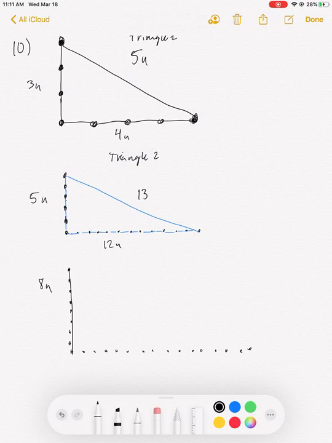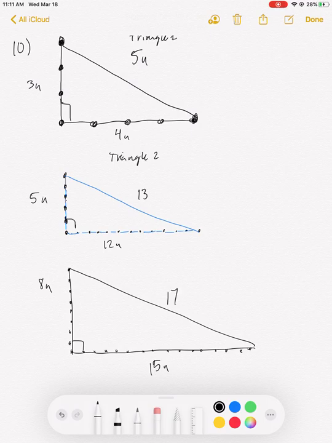Okay, so that's 15 units that way. And when you measure this one, I'm going to measure this distance here, the hypotenuse of the right triangle. And this one is actually going to be a nice number too, which is 17 units. Okay, so go and verify that on your paper.